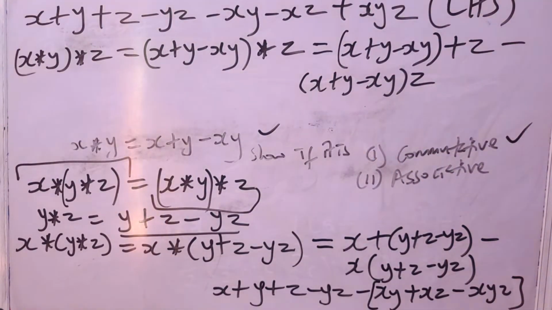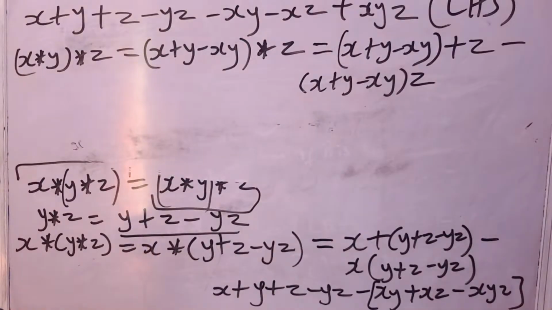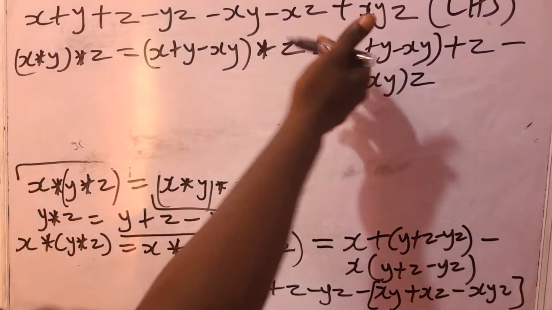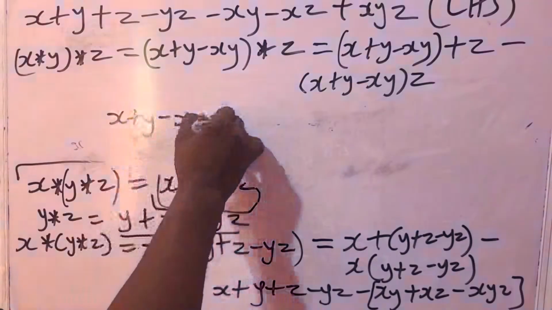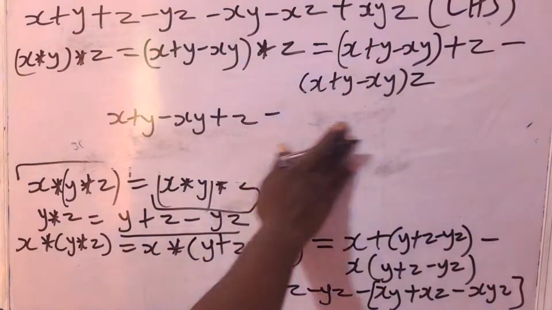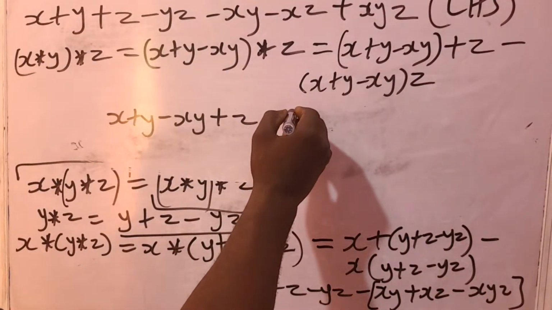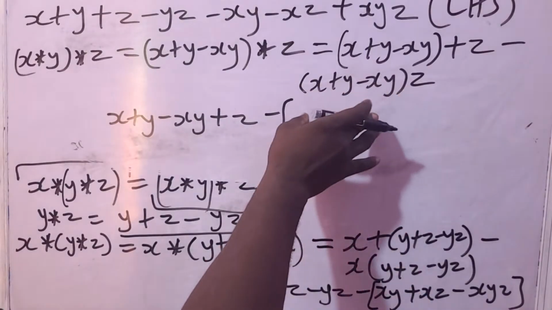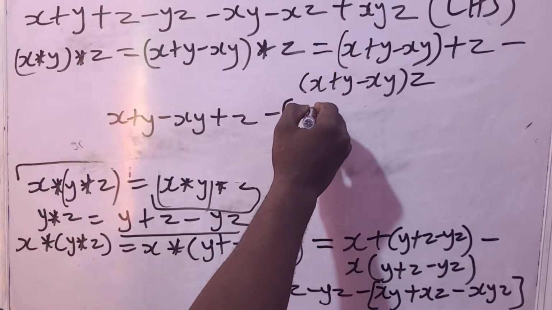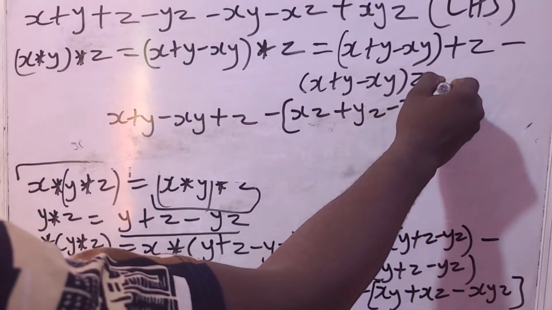If you are done solving this, you would have gotten your value for the right hand side. So let's try and solve that. Of course, I want to open this up. I have it as x plus y minus xy plus z, minus, then I want to multiply this x times z. Again, I'm sure you know what I want to do. I want to put this first in a bracket so that I will be very exact. Plus yz minus xyz.